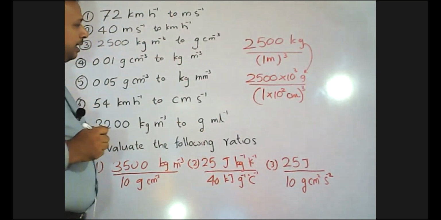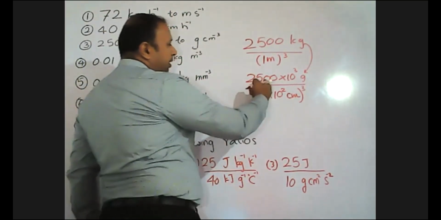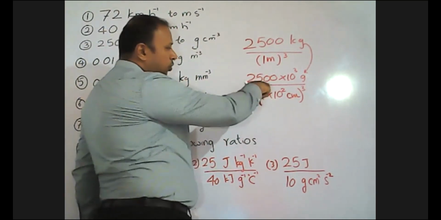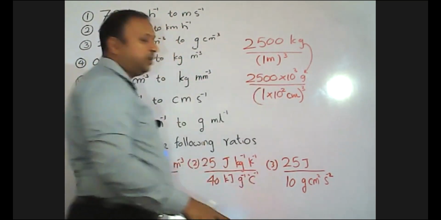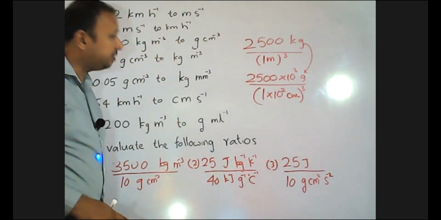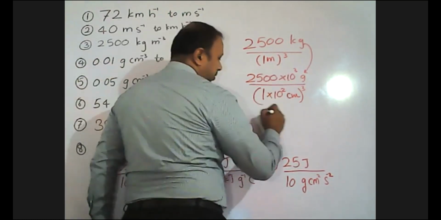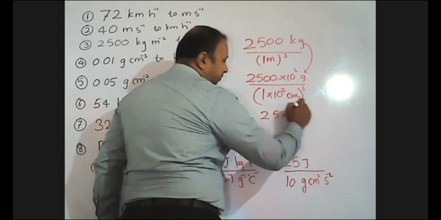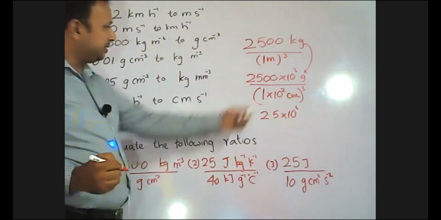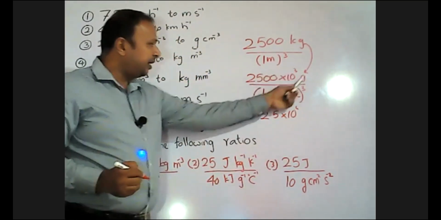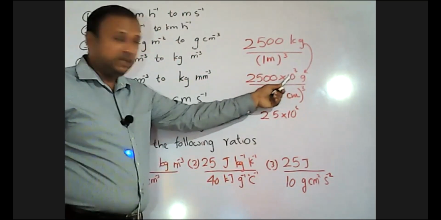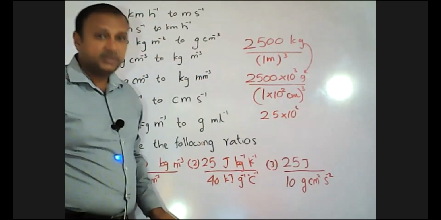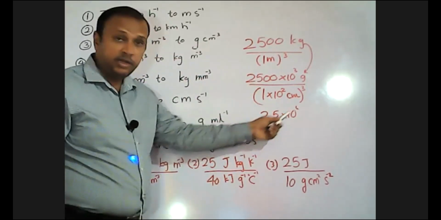Okay. Then 2,500 means 2.5 into 10 to the power 3. I can write this one as 2.5 into 10 to the power 6, because there are 10 to the power 3 here, 10 to the power 3 here, then 10 to the power 6. So 2.5 into 10 to the power 6.